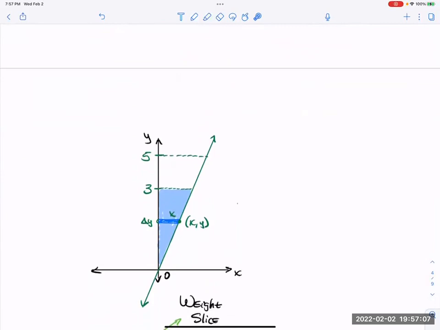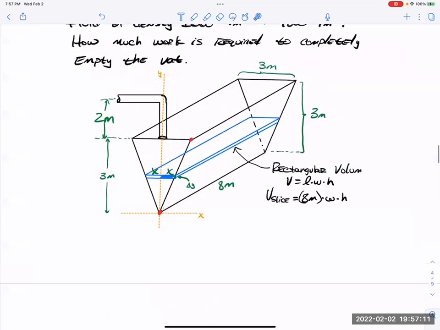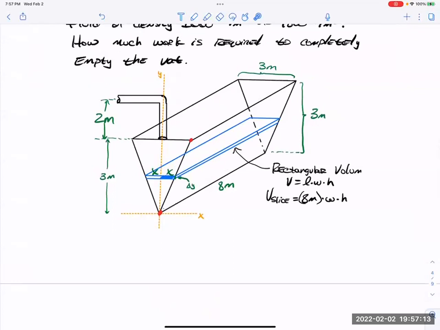So let's do this. We have to look at our points here. Going back to the tank, let's look at this right here. What's the length all the way across the tank? I had mentioned it's 3 meters, correct? So if this is 3 meters all the way across, what's the length halfway across the tank? It would have to be half of it.